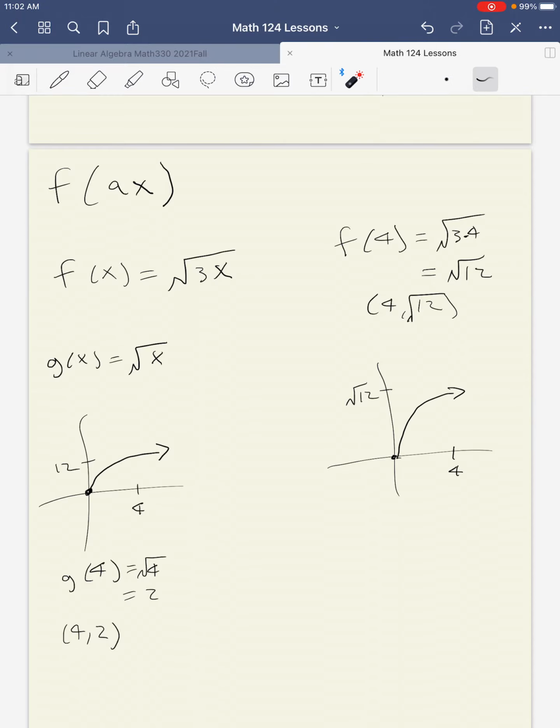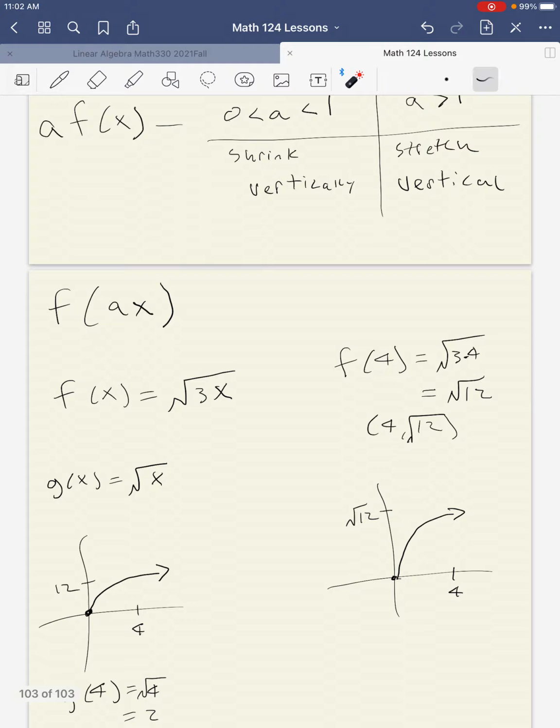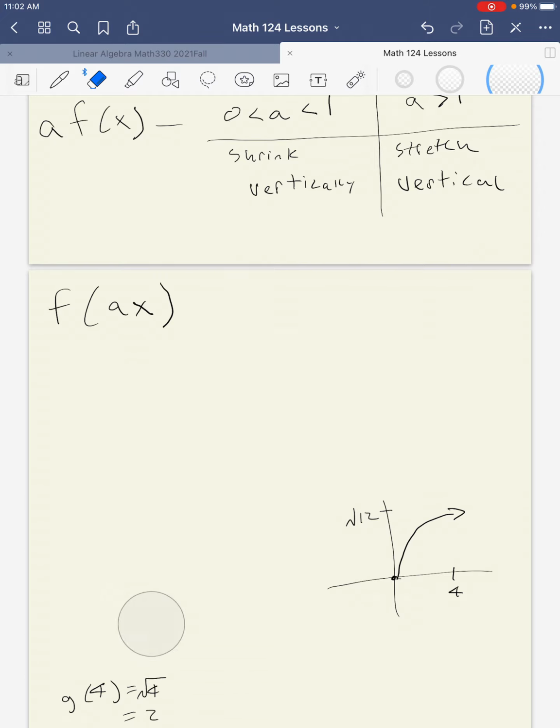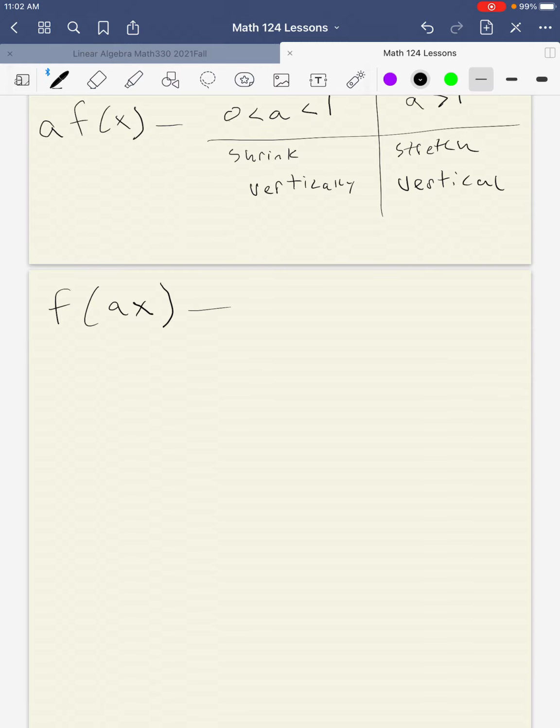So what happened between here and here? We sort of stretched it vertically, or equivalently, we kind of squished it horizontally. Right. So let me clear some space to finish my list here.